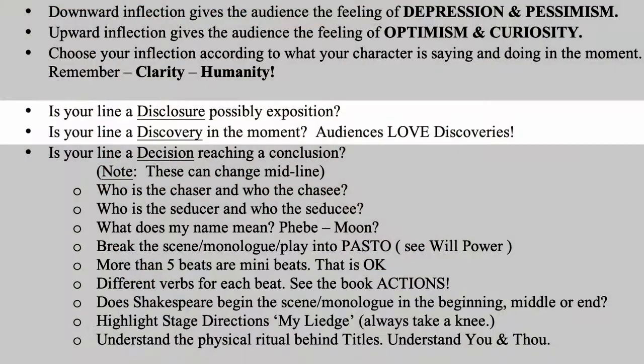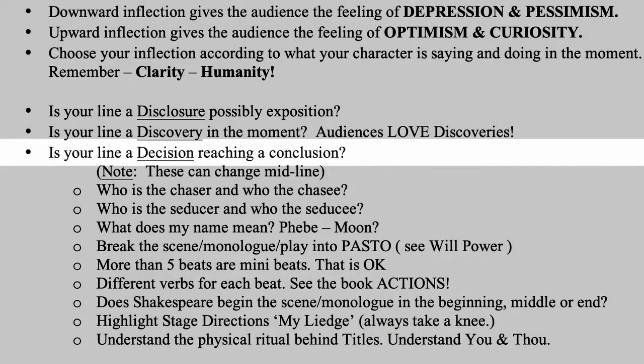The last thing that I want to talk about is, after you've done all of this work with rhetoric, say to yourself, is your line a disclosure, meaning exposition? Are you just disclosing information? Is your line a discovery in the moment? Audiences love discoveries. Are you fresh minting something?